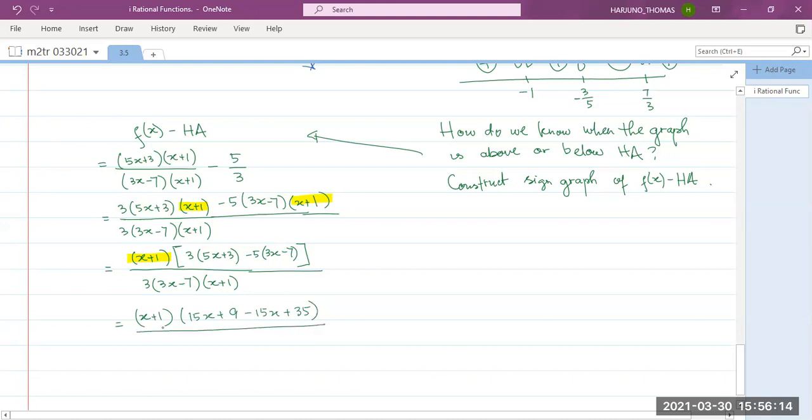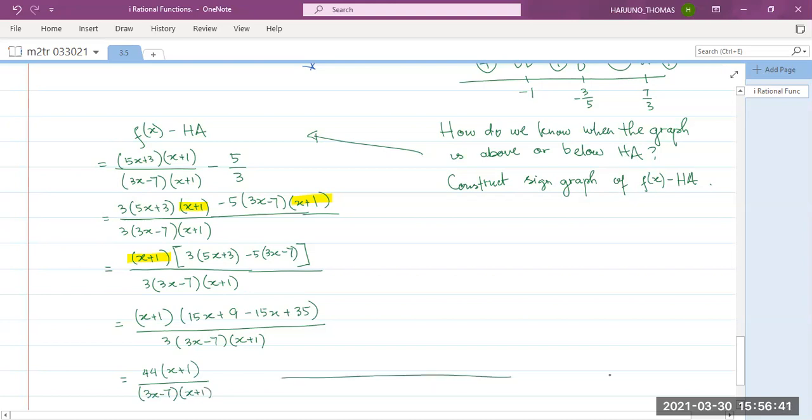Arithmetic over 3 times 3 minus 7 x plus 1. That will be 44. 44 times x plus 1 over 3x minus 7 x plus 1.